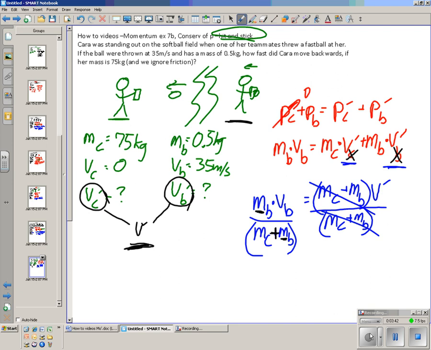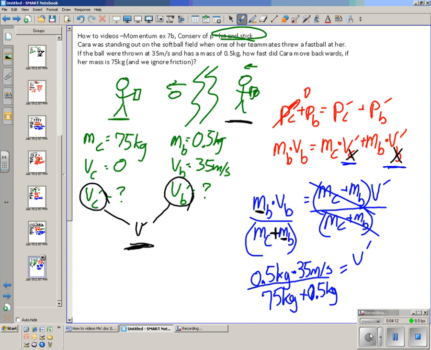No big deal. 0.5 kilograms times 35 meters per second divided by 75 kilograms plus 0.5 kilograms. And that is going to be equal to V prime.